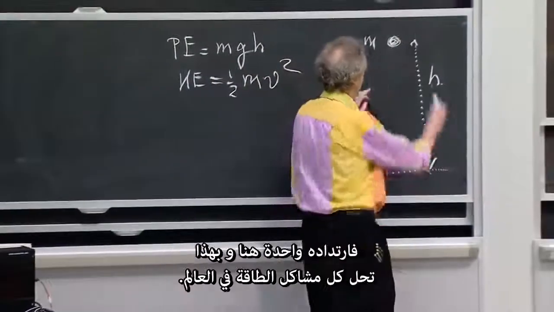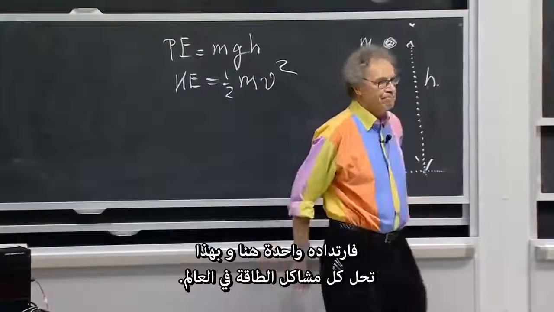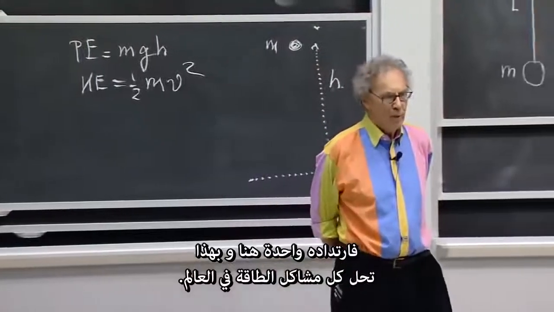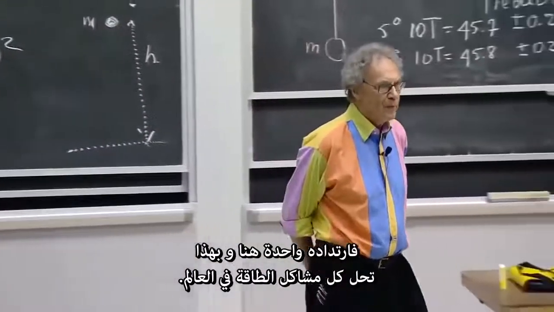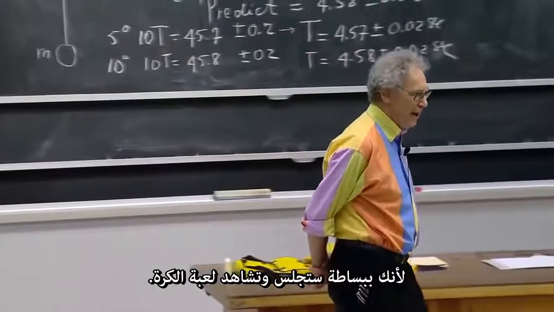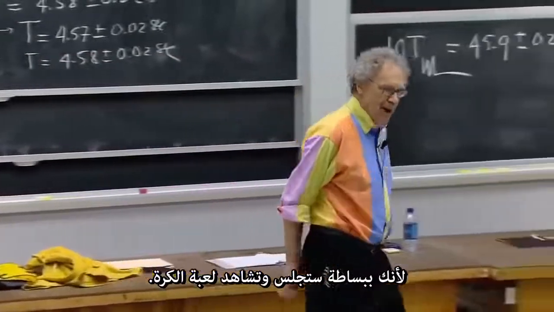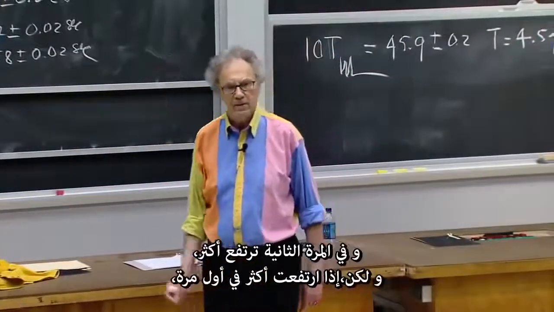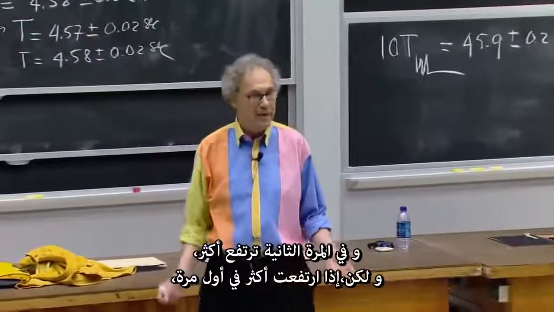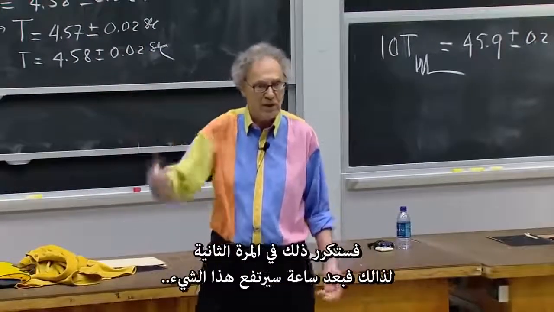Suppose it could come after one bounce up here. Well, that would solve the world energy problem. Because you simply sit down and you watch the ball game, and there goes the ball, higher, and the second one, it goes again higher. But why? If it goes the first time higher, it will do that the second time.